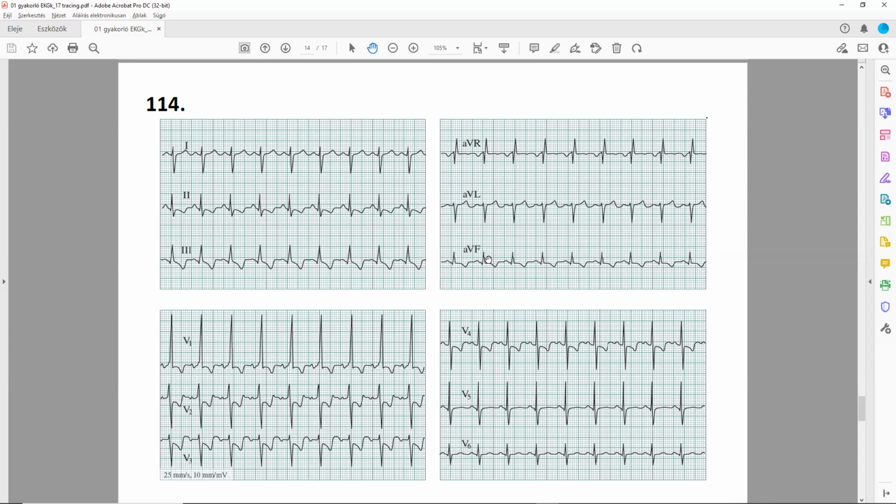Very good. Lead 1 is negative, AVF positive for sure, and AVR is positive. It looks like mostly positive, so that's an extreme right deviation. You'd call it extreme, okay. Or pathological, doesn't matter. But that's not normal, so you cannot explain it based on the anatomical situation. This is what we wanted to say, okay?